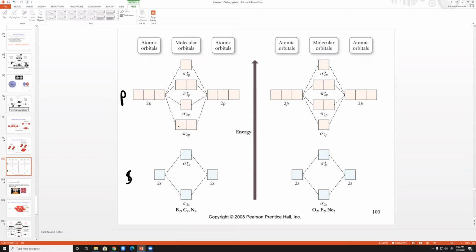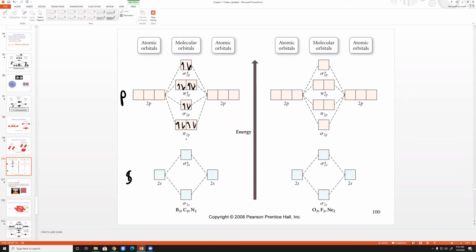The way you'd fill it up is 1, 2, 3, 4, 5, 6, 7, 8, 9, 10, 11, 12, from low to high. This was done experimentally using quantum mechanics, and that's how it was determined that the pi orbital here is the lowest energy level compared to the sigma.